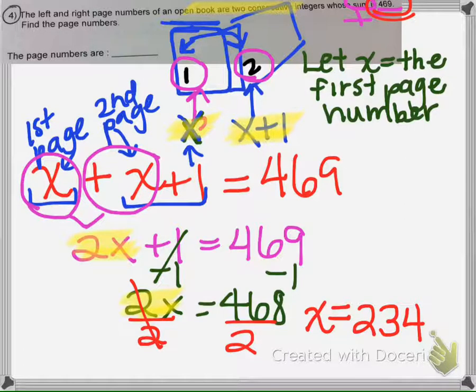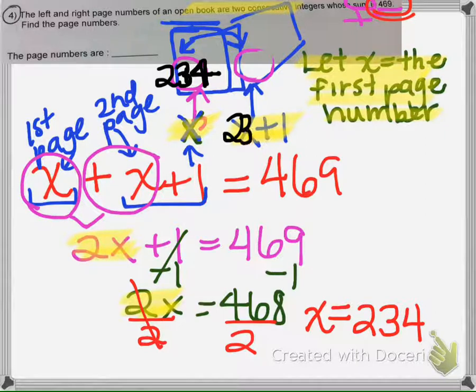So let's go back and see, what did I let x represent? X represents the first page number. So if I think about my book, and it was page 234, then I know that this page number here is one more than that.